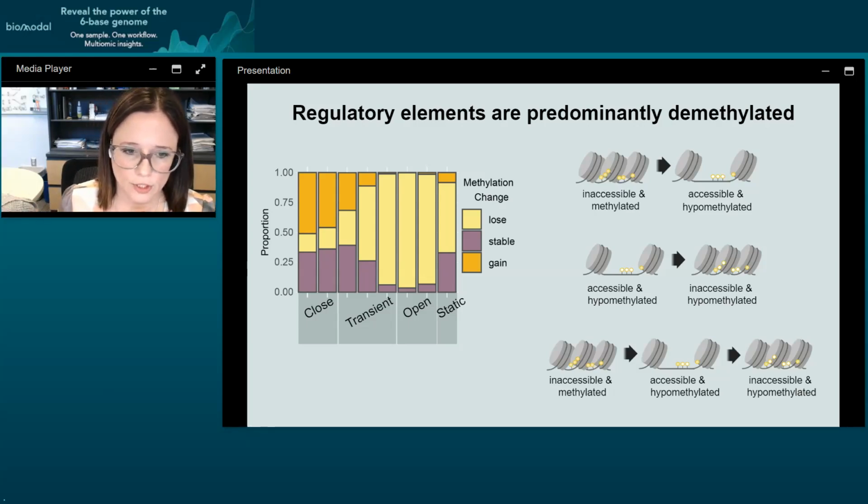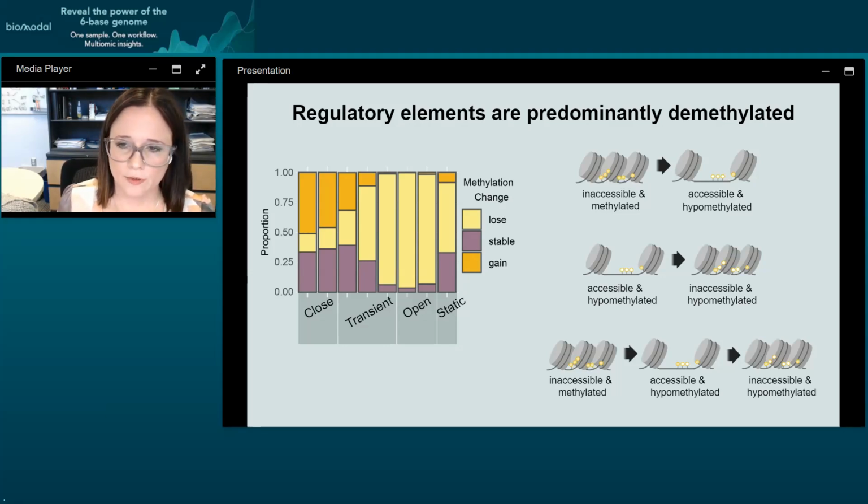So here we're just looking at the proportion of regions that either undergo loss of methylation, retain stable methylation, or gain methylation, and their gross behavior over time. And so you can see that even with transient, open, and static loci, most of these regions are undergoing some kind of demethylation.